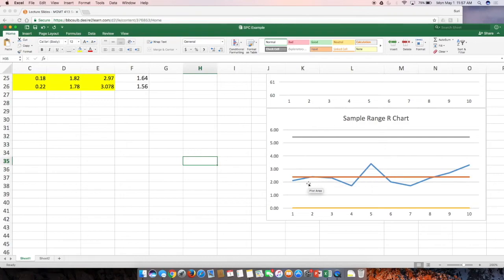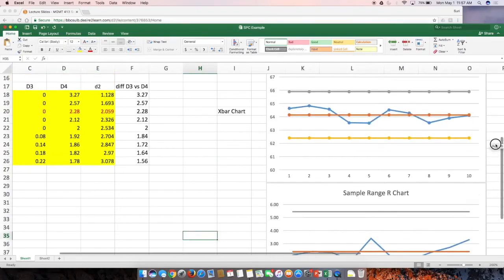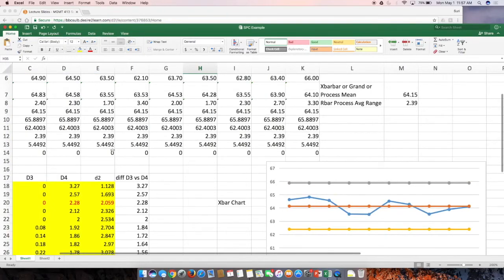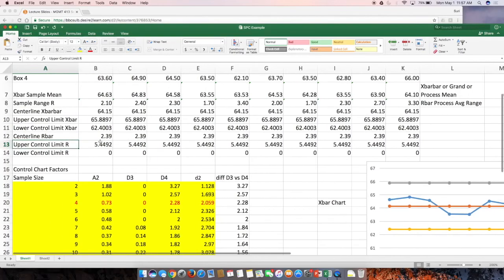Again, you have to check for 5 consecutive points. Do you have 5 consecutive points? 1, 2, actually this is not. This is 2.39, which is identical. So you can check. You can go for the third sample. What was your range value? Sorry, range. 2.3 versus 2.39.